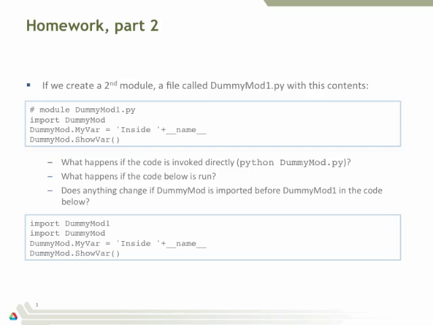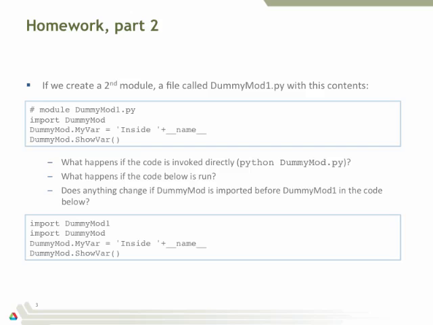But then we override the value of myvar inside dummymod with the name of the current module. So now this variable is "inside dummymod1", and that's if we import this. But if we run this, it's going to be inside main, and this routine will show us that variable.